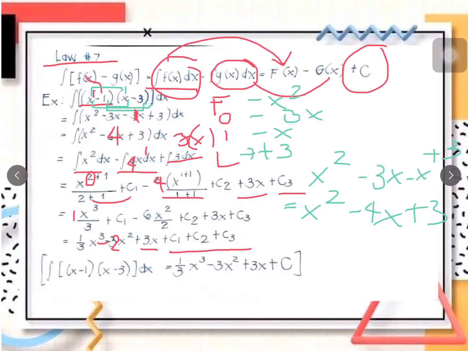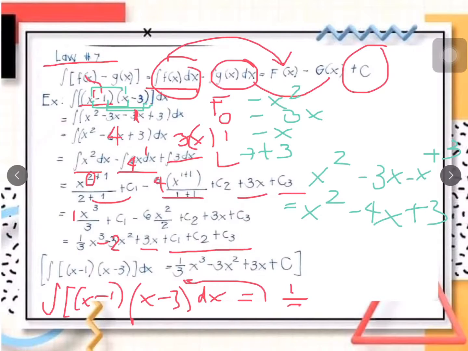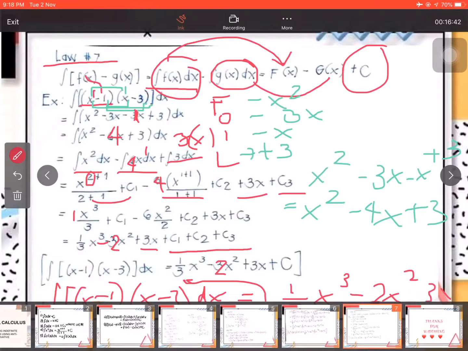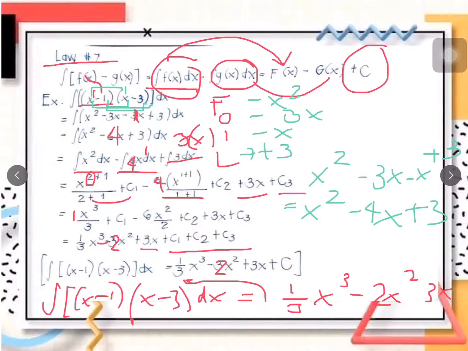So, we will get the integral of x minus 1 and x to the third dx is equal to 1/3 x to the third minus 2x squared plus 3x plus our arbitrary constant c. That's all. I hope you learned something new, and thank you.